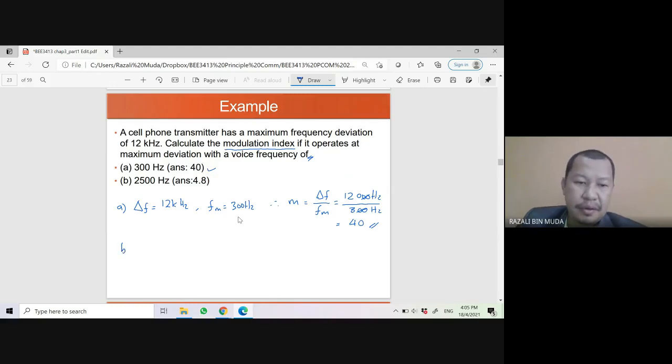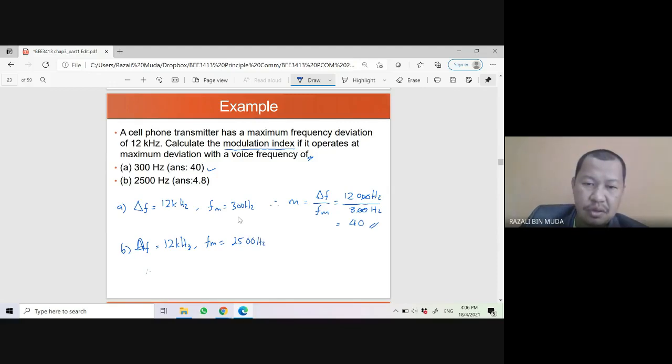Part B. Delta F is the same, delta F equal to 12 kilohertz. Fm equal to 2.5 kilohertz.